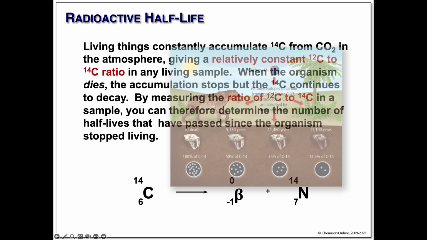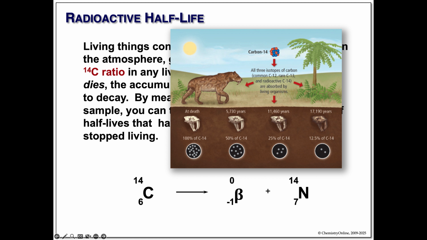So, you're a saber-toothed tiger. You're walking around, you're breathing, you're eating, just having a good time. You have a certain ratio of C14 to C12. Then, unfortunately, you die. 5,000 years later, you have half as much C14.